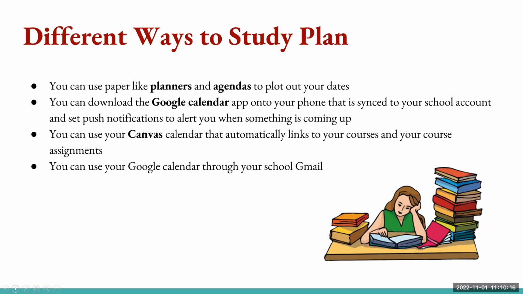You can set it up in your Canvas calendar so that every time you log on to your Canvas to work the modules for your class, this information is right there in front of you. So you'll choose whichever one of those is most comfortable and that you're most likely to go to on a regular basis.